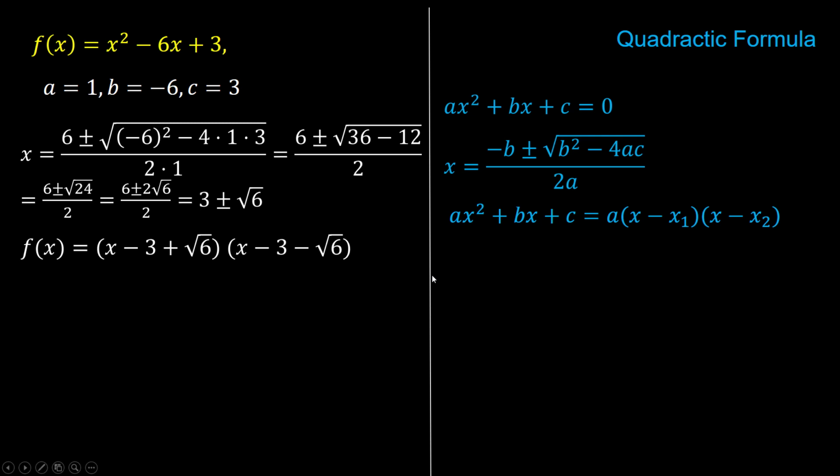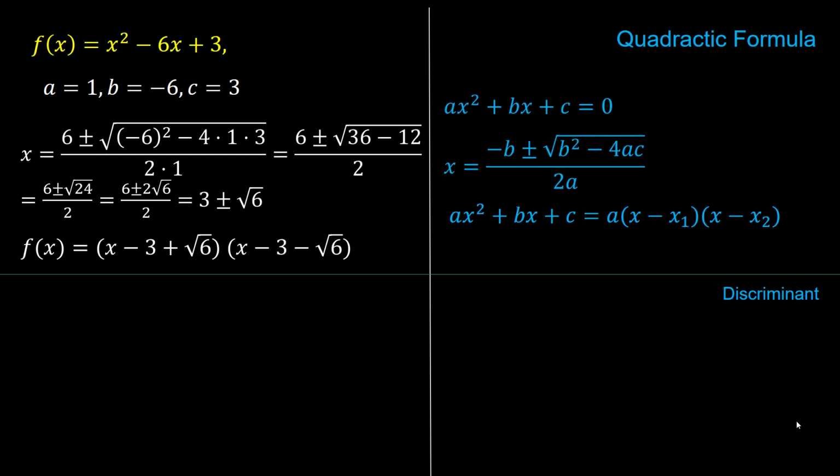Sometimes the quadratic may not be factorized. That's when this number here is negative, because you cannot take a square root of a negative number. Okay. So in general, we can have the following kind of a summary of when a quadratic function can be factorized. It can be described in terms of the discriminant.